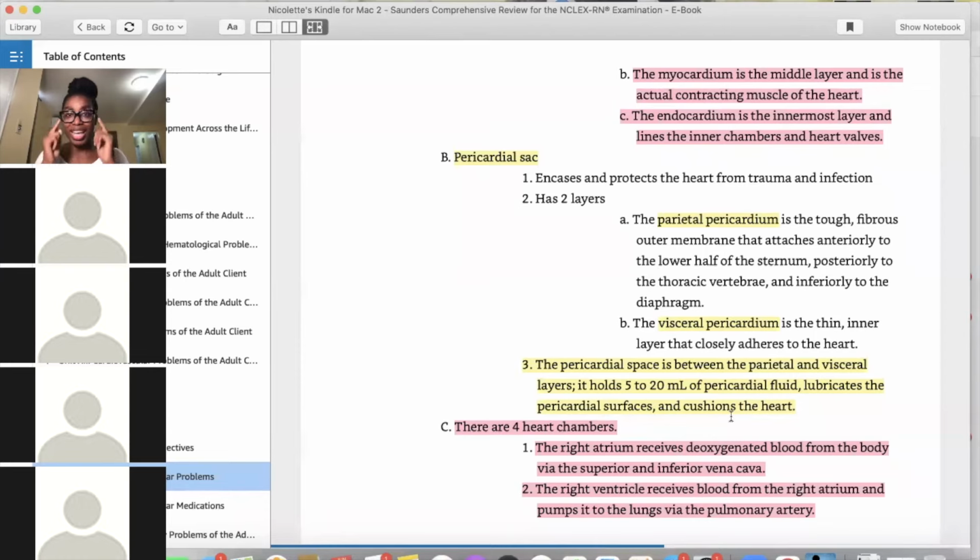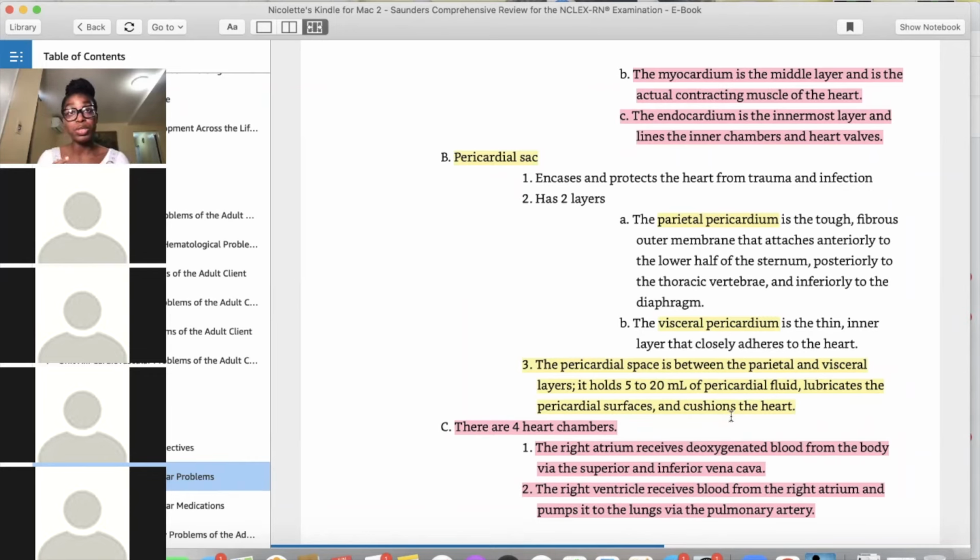Okay, so again, remember we said anatomy is important. Knowing the norms is important. So as we think about these norms, I also want you to imagine, well, what could go wrong, right? Because once you start seeing the problems, you'll understand, oh, that's why that happens, right?